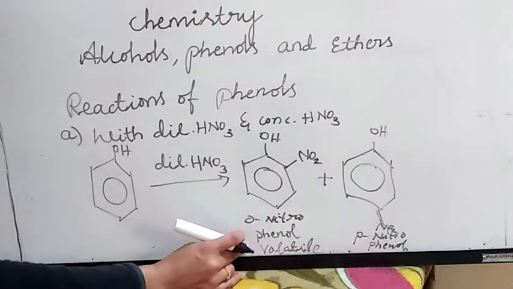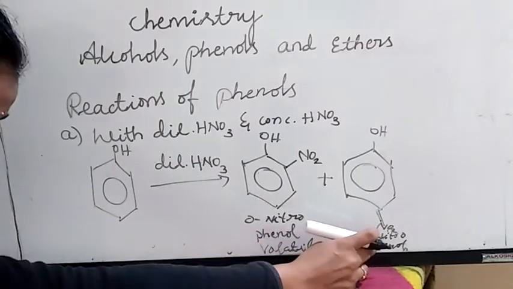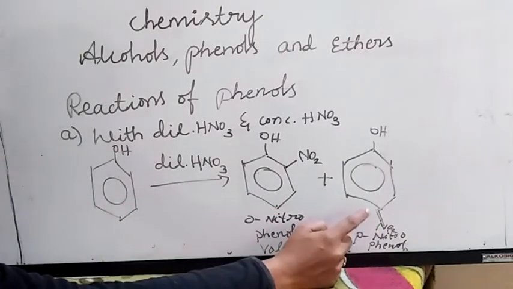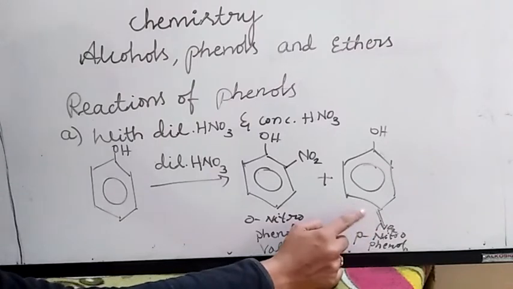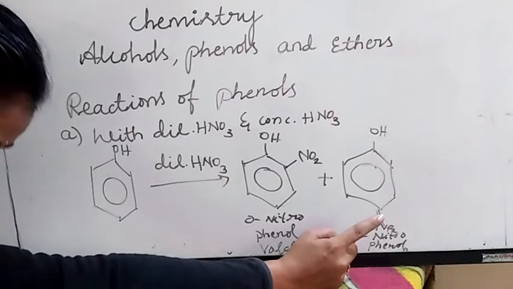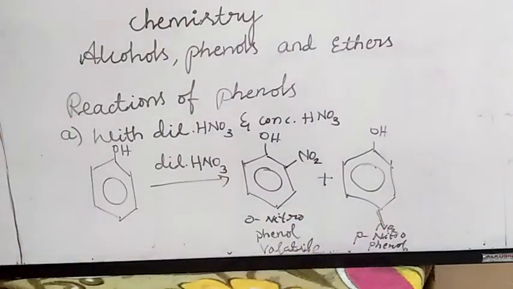Paranitrophenol is less volatile because of intermolecular hydrogen bonding. This is about when phenol reacts with dilute HNO3.